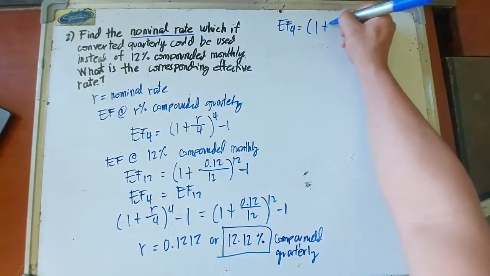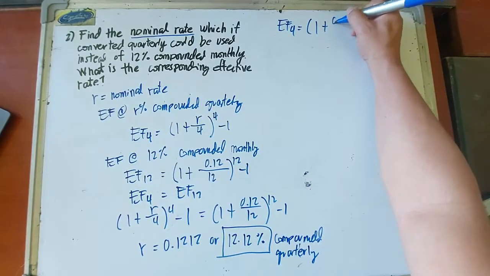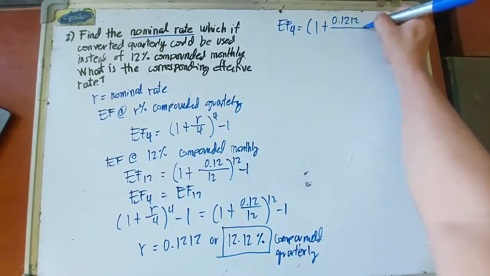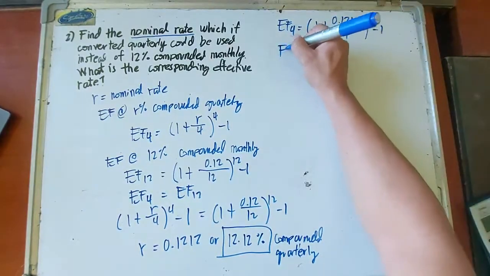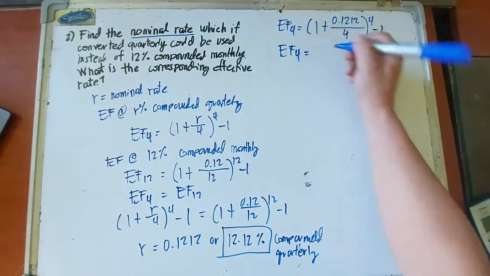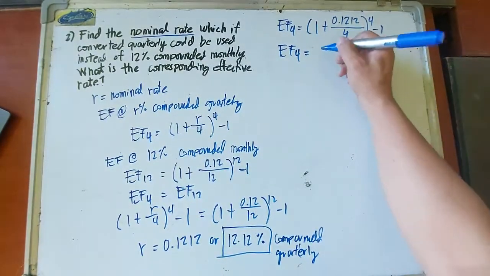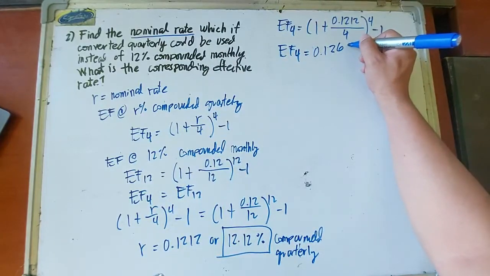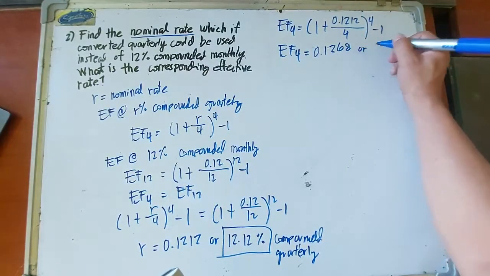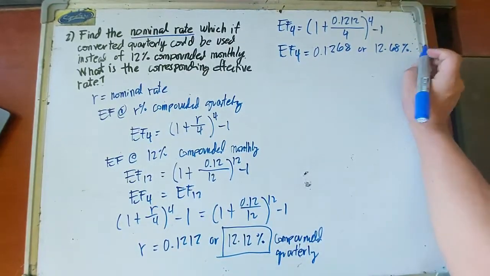That is 1 plus R, which is 12.12% in decimal form, over 4 raised to 4 minus 1. So the effective rate is equivalent to 0.1268, or 12.68%. This is the effective rate.